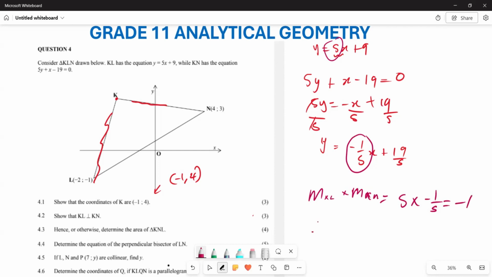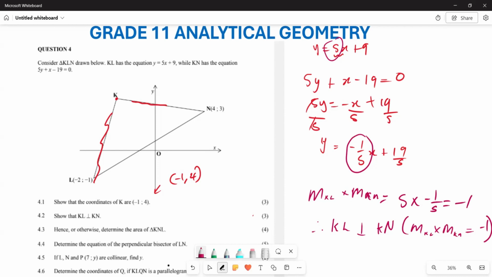As soon as you get that the answer is -1, you are going to conclude that KL is perpendicular to KN. The reason being, when you multiply the gradient of KL and the gradient of KN, the answer that you are getting is -1. So basically, this is how you prove this particular question.